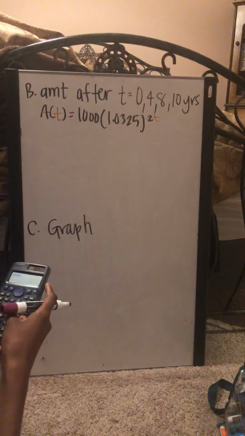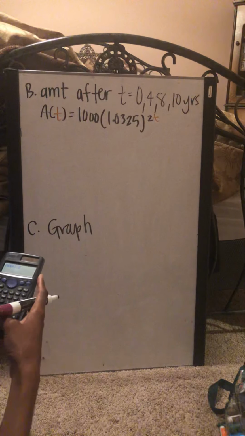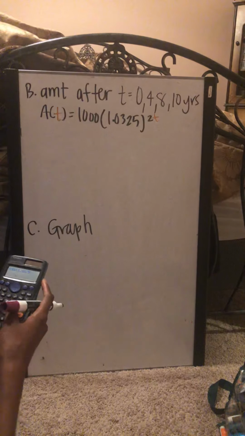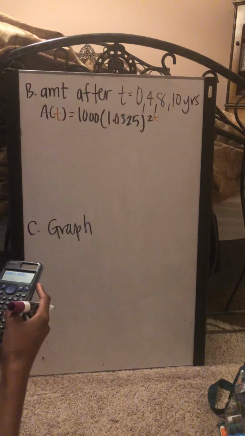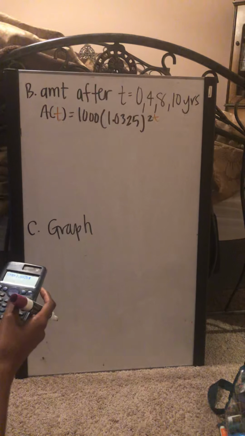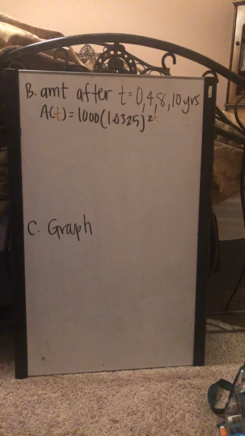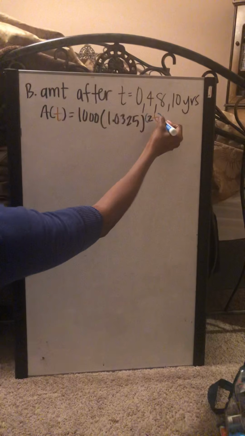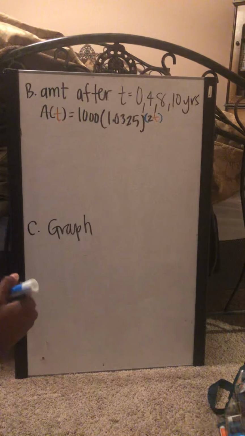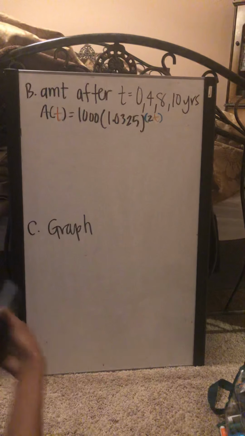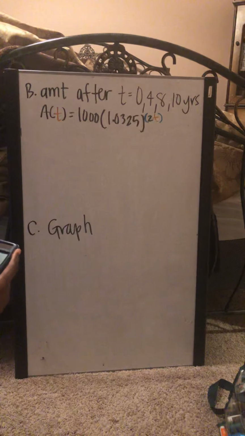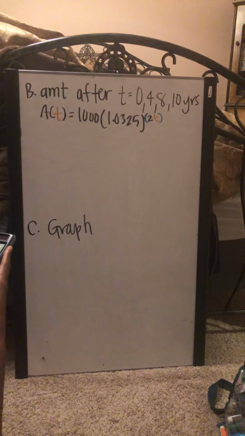So with your calculator, I would probably do the answer button instead of T. And if you don't have a fancy calculator, just make sure that whenever you have things in exponents, that you use parentheses, okay? So if you realize you're working stuff and you can't figure out why you're getting the answer wrong, you might need parentheses for whatever's in your exponent, right? But if you do have a fancy calculator, you should be okay.